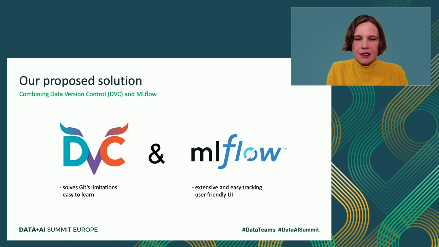So DVC solves Git's limitations, and it's easy to learn since it uses Git's vocabulary. And MLflow, it's also easy to use, and it offers you to track all the objects that you can access through your code. On top of that, it has a very nice user interface, and at the end, everything is only a click away.